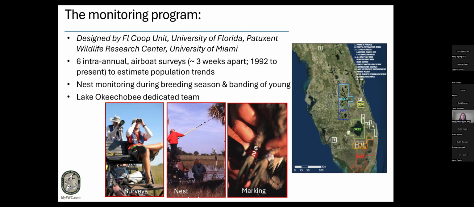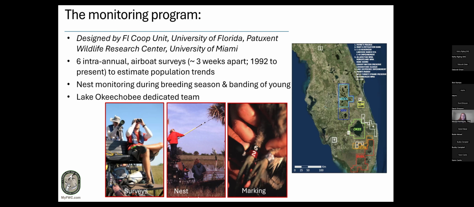During these surveys, they will document every kite that they see. They will document every snail kite nest location with GPS coordinates and monitor the nest status. Around 24 days old, they will band the juvenile kites with these metal bands, and we'll get into that a little bit more.